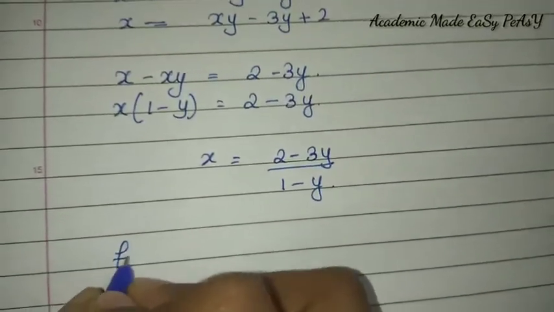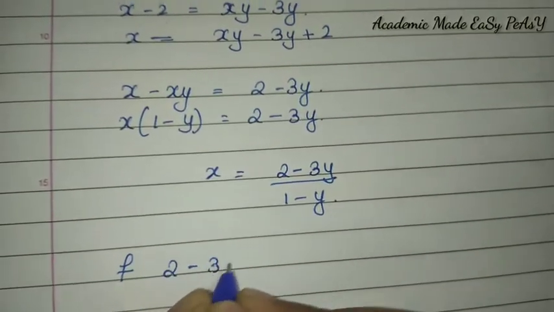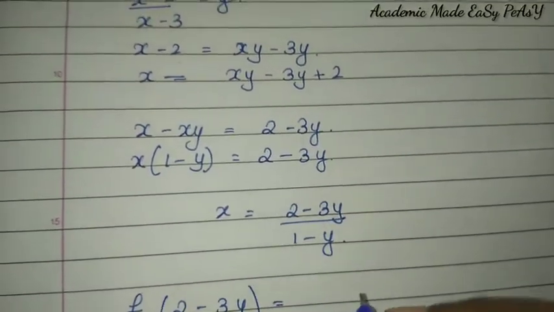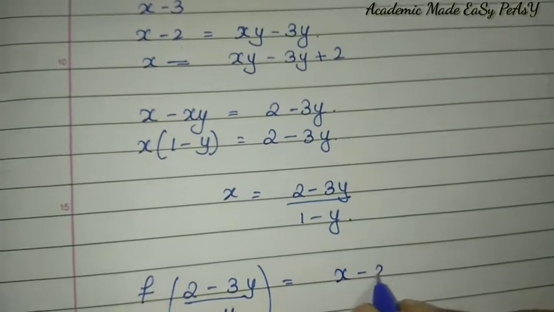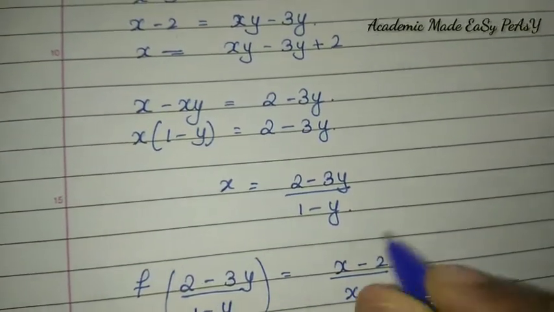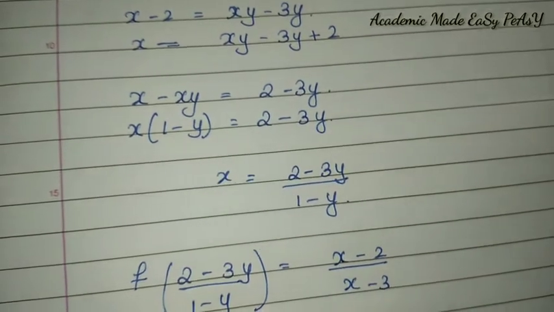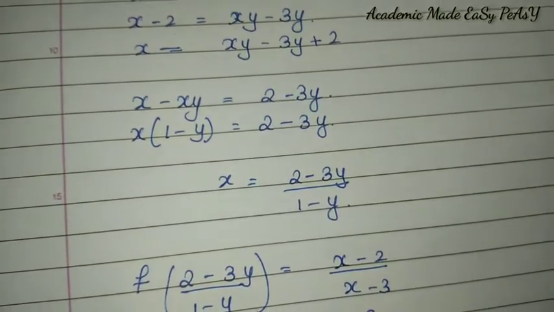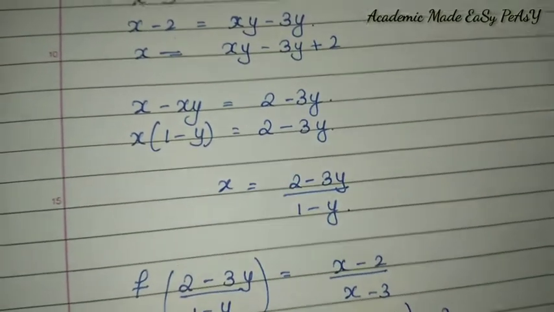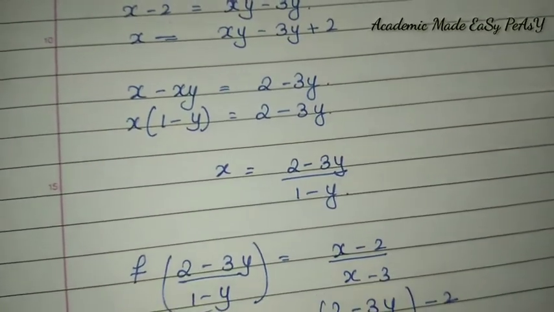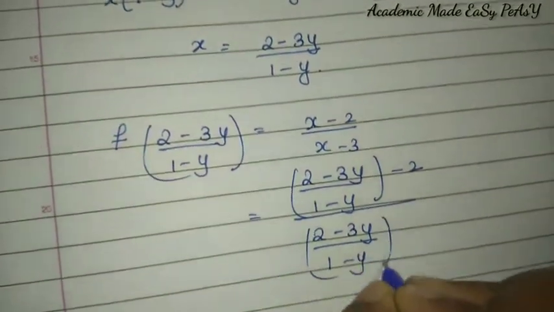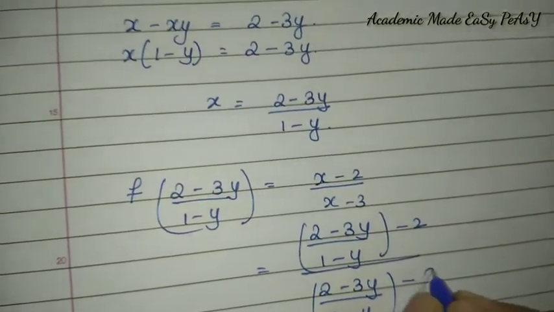Okay, so now f of (2 minus 3y) by (1 minus y), if we do, so now we will get (x minus 2) by (x minus 3). So now we have to substitute the value of x over there. So ((2 minus 3y) by (1 minus y) minus 2) divided by ((2 minus 3y) by (1 minus y) minus 3).